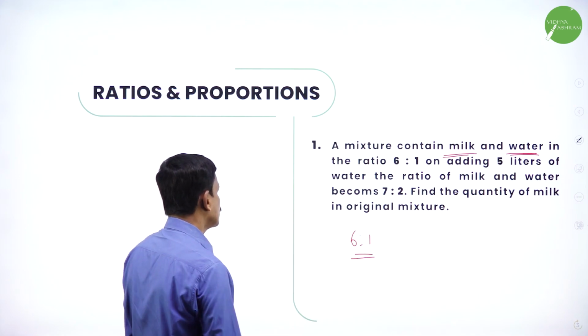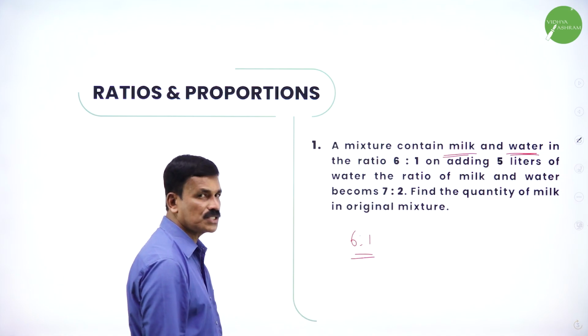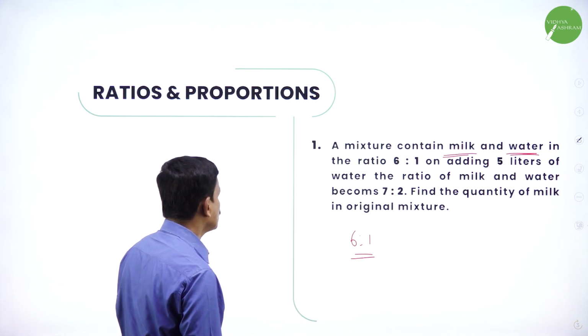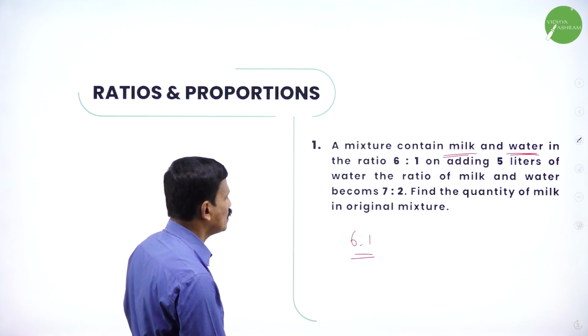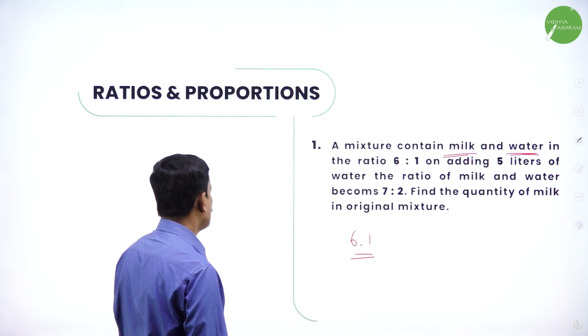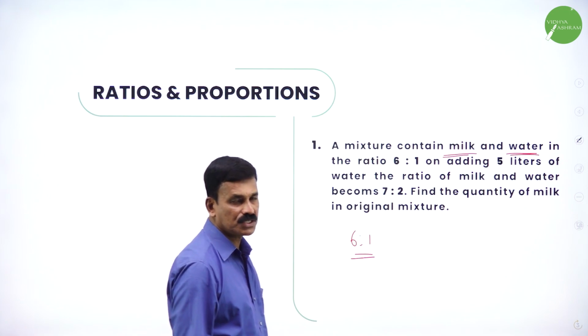A mixture contains milk and water in the ratio 6:1, and on adding 5 liters of water, the ratio of milk and water becomes 7:2. Find the quantity of milk in the original mixture. Right.